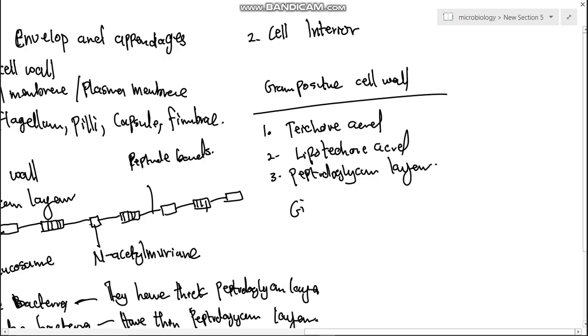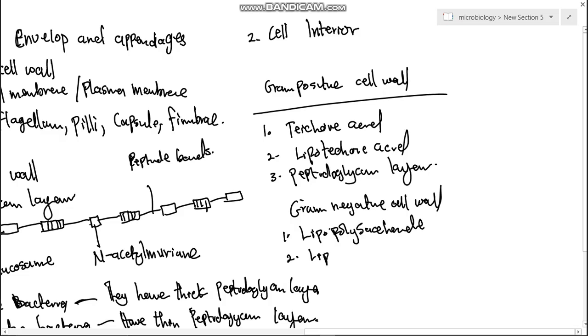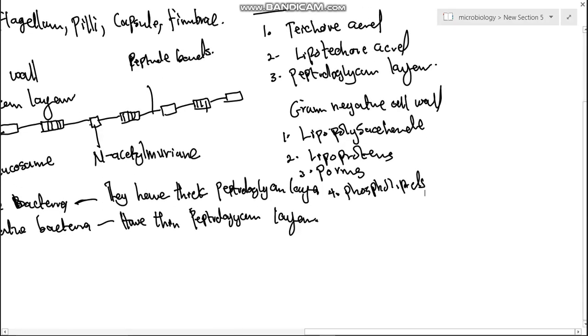So for the gram-negative cell wall, we have lipopolysaccharide, lipoproteins, porins, then phospholipids, and of course the peptidoglycan layer.